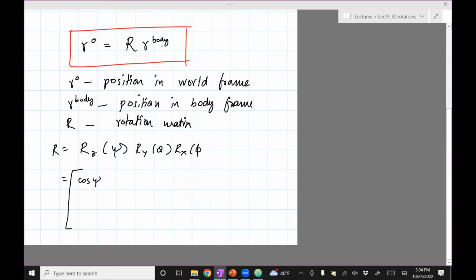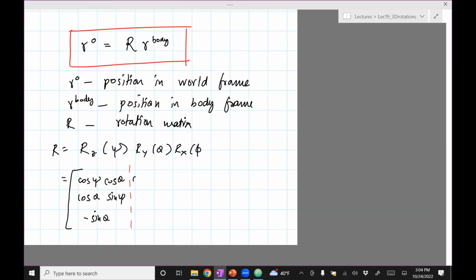Cos psi cos theta, sine psi cos theta, minus sine theta. That will be the first column.